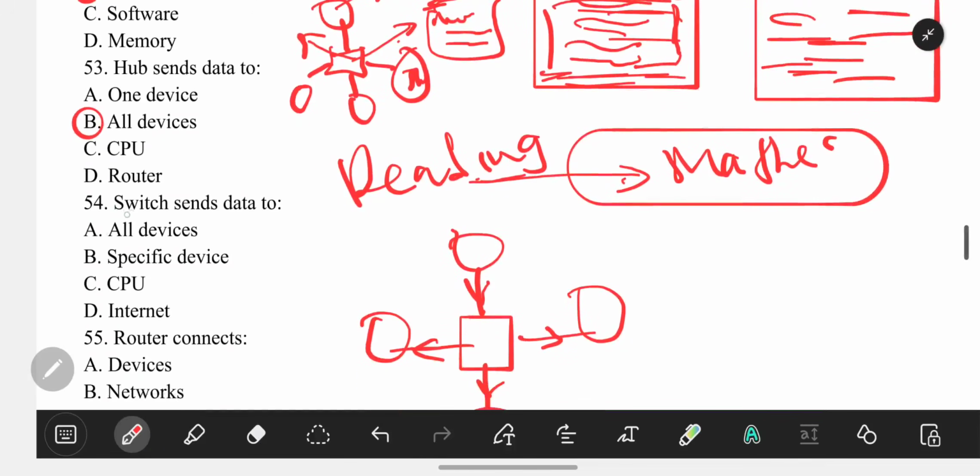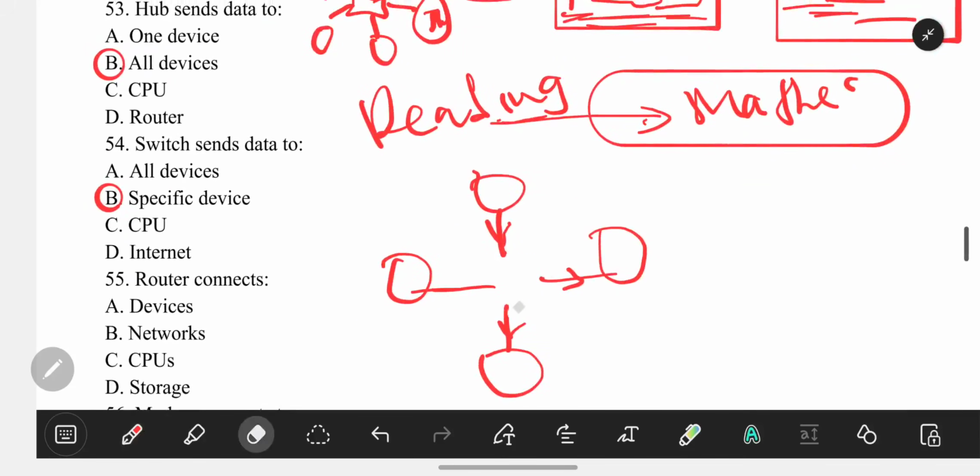Then when we look at a switch, it sends to specified devices. That's why it's preferred. Like for example, if you have this type of arrangement, they might look similar but a bit different. Let's say this is the switch now. You send a signal and you want this signal to go this side.